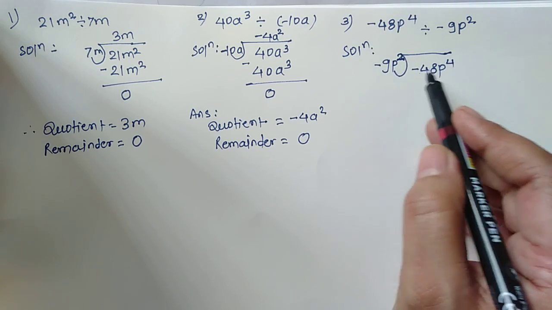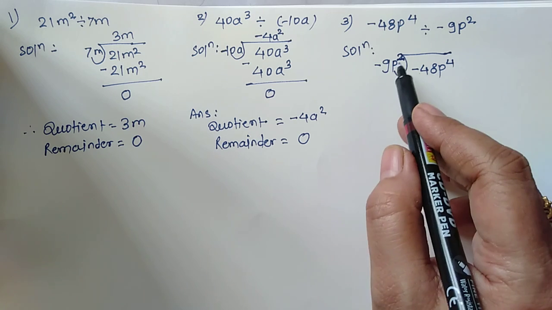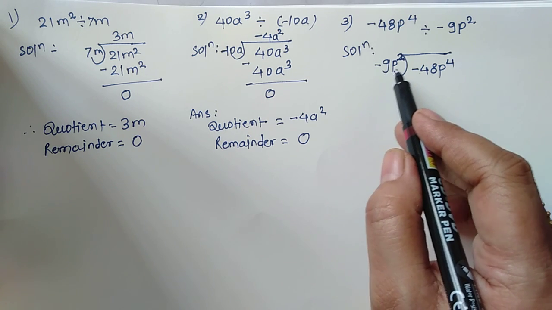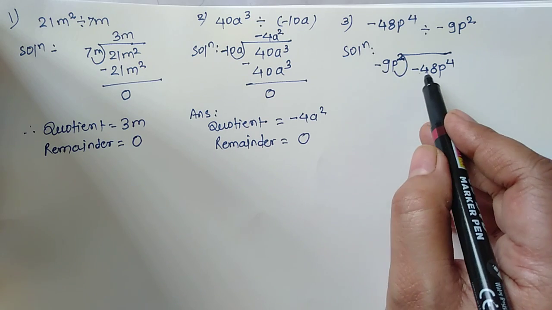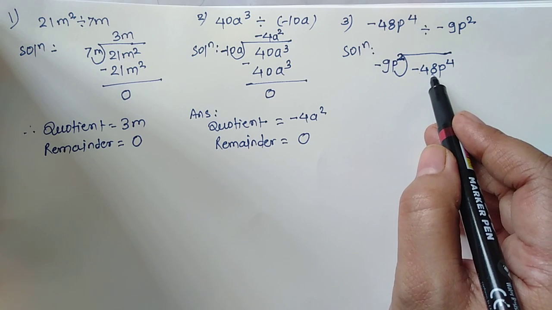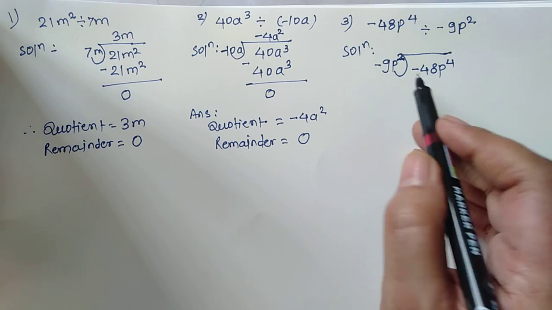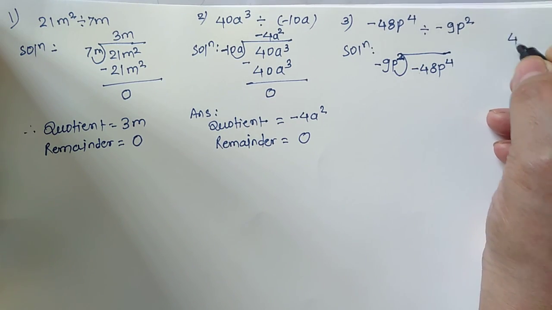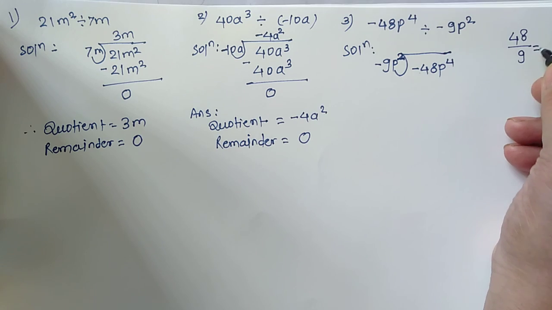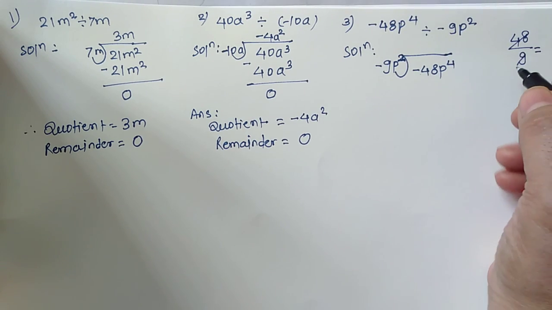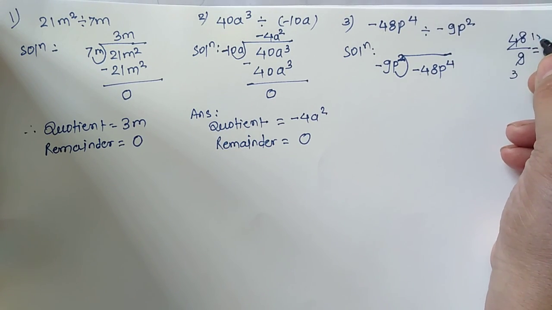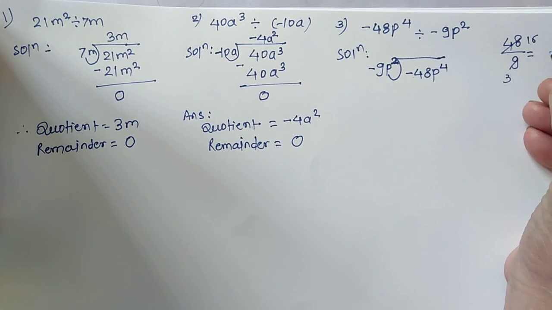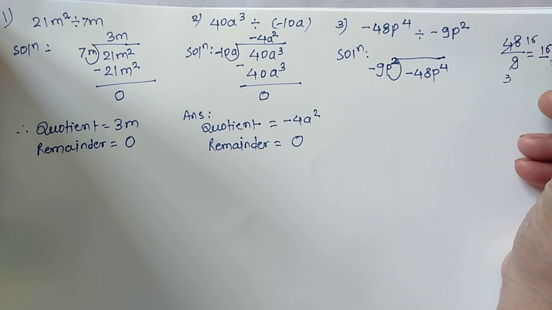So see here, 48 does not come in the table of 9. So here we have to find the multiplier of 9 that gives 48. So to find the multiplier of 9, we take the division of 48 upon 9. So 48 upon 9 is equal to, 3 3s are 9, 16 3s are 48. So we get 16 upon 3.